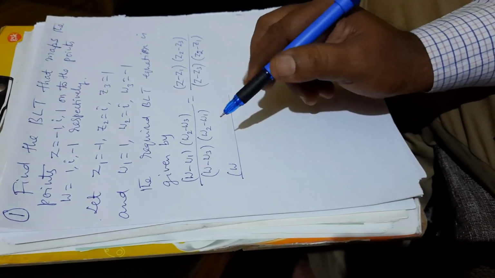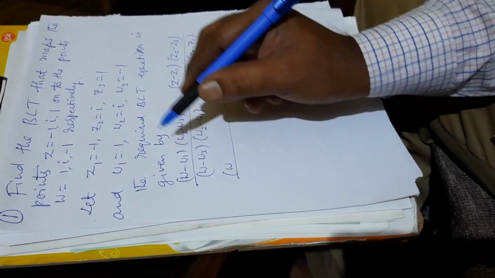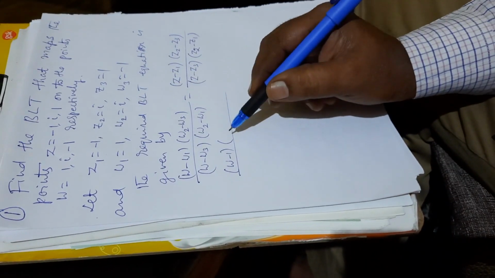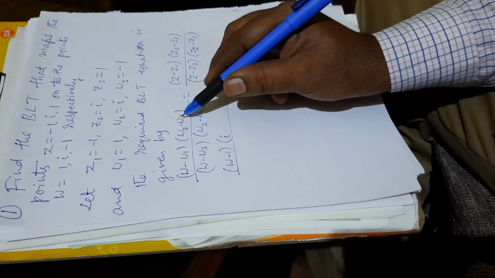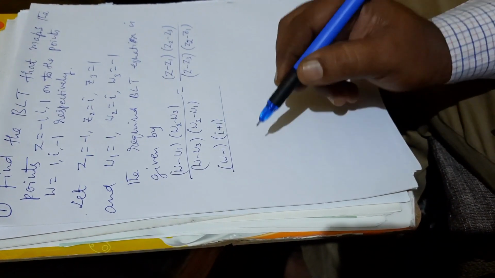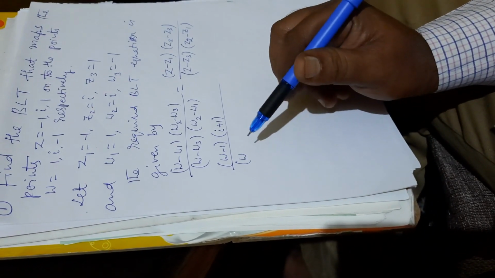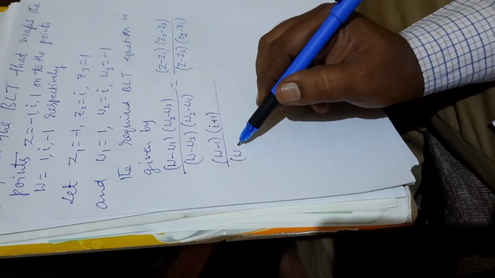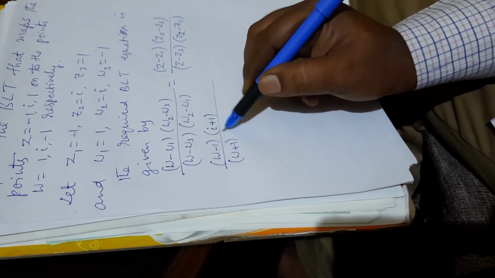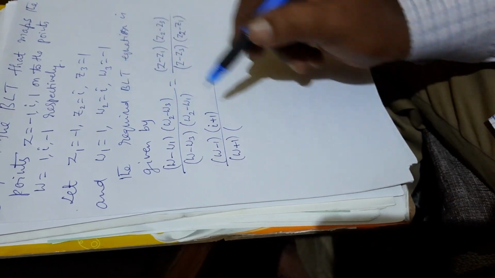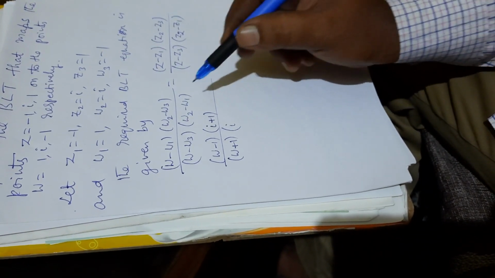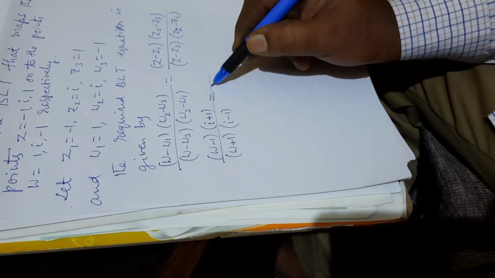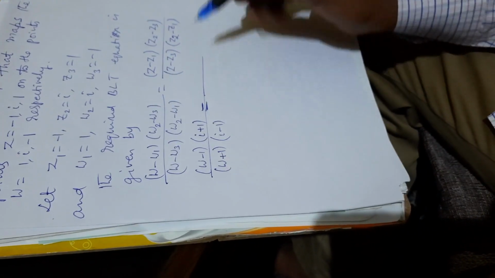W minus w1 means w minus 1. W2 minus w3 means I plus 1, right? Next w minus w3 is w plus 1. Here minus into minus is plus 1. W2 minus W1 is I minus 1 equals.